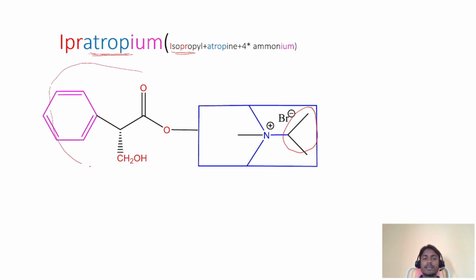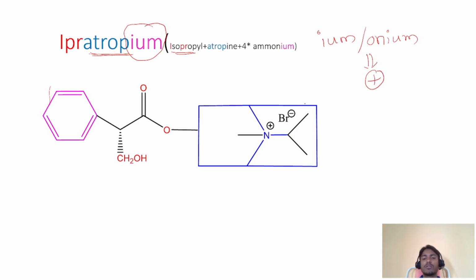This is the basic structure of atropine. In that atropine, an isopropyl group is there. Hence, we are writing it as ipratropium. See, IUM or onium indicates a positive charge. See, the positive charge is there on nitrogen.